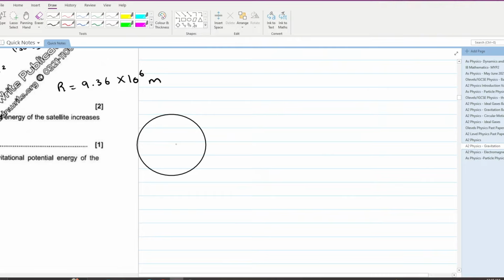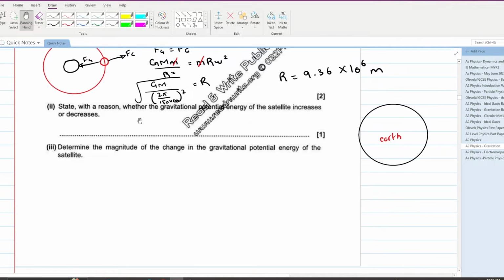Basically, let's say this is Earth and satellite initially यहाँ पे थी point A पे, अब point B पे है. Whenever you are going away from the planet or away from the Earth, remember your gravitational potential energy increases. Simple as that. Remember this rule. And vice versa. If you are coming towards the planet, your gravitational potential energy will decrease.